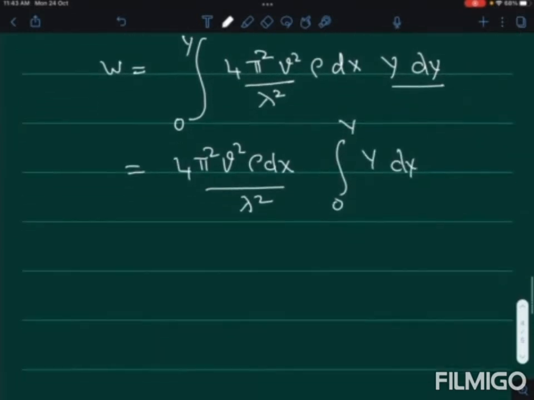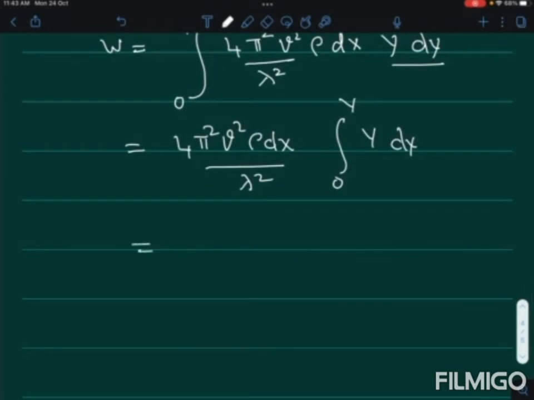So this is equal to 4 pi square v square rho dx by lambda square into y square by 2.